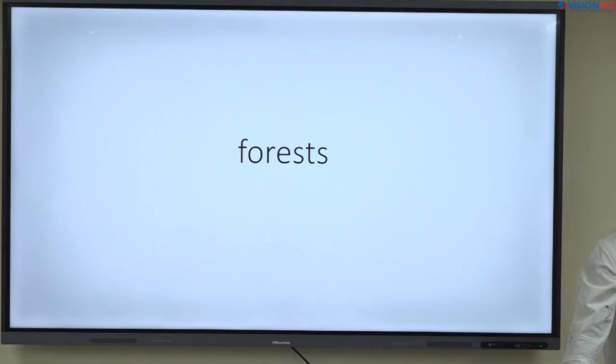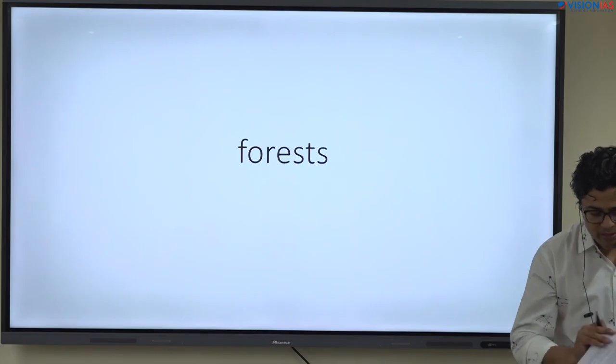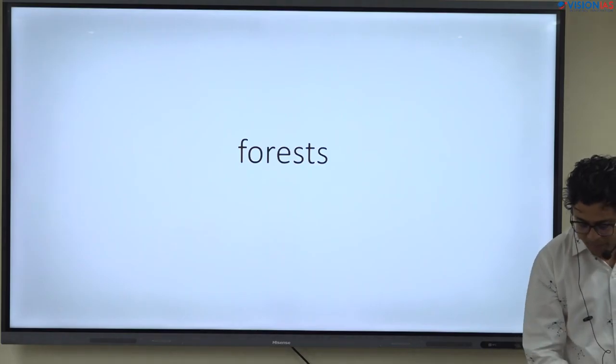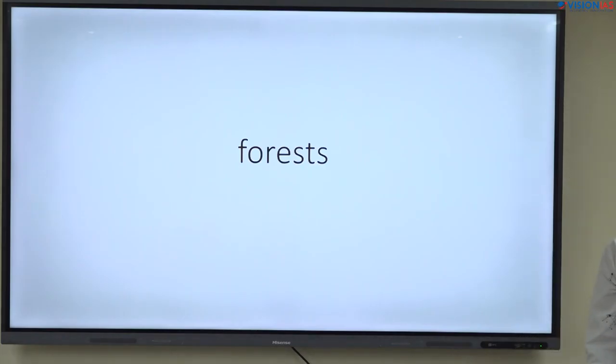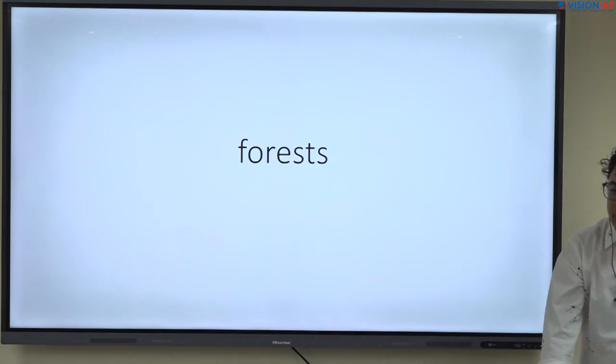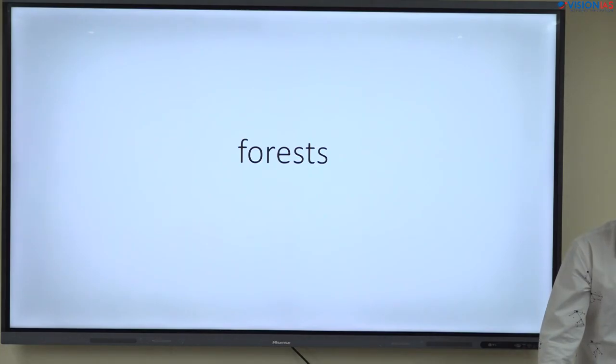So what are you supposed to do to prepare this topic? The next 4-5 pages are related to this topic, from page number 4 to page number 9. On page number 9 there is a map of India in which different forest types of India are shown.